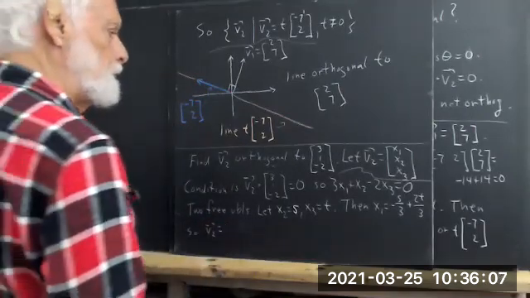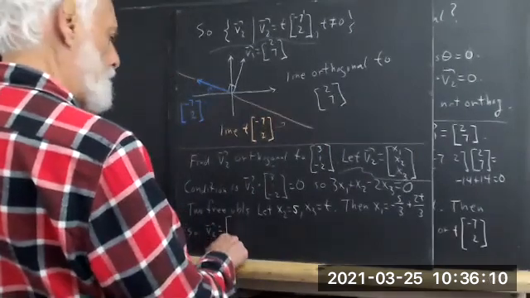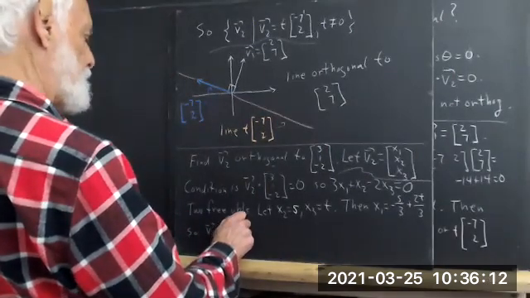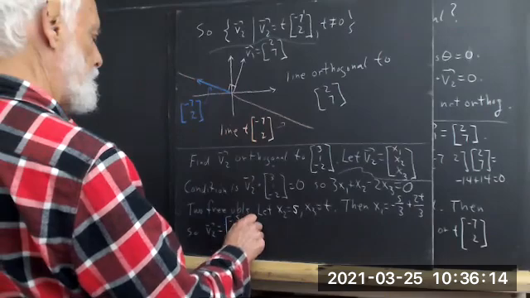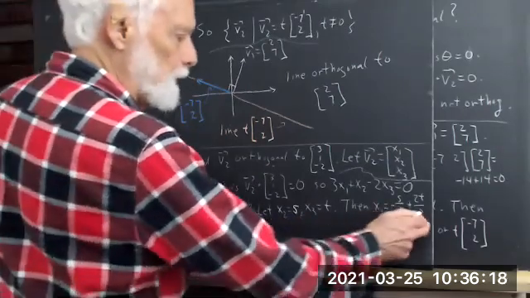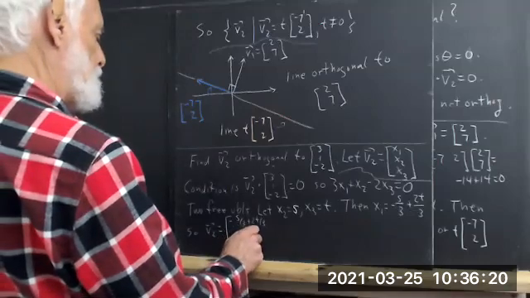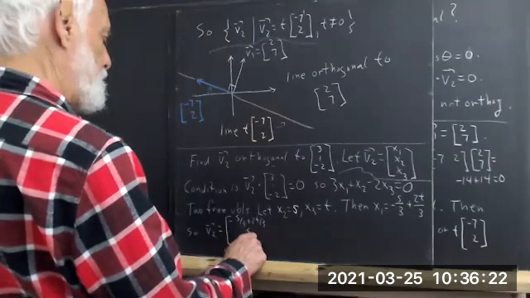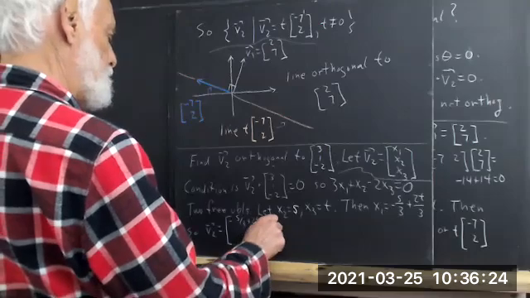So V2 equals negative s over 3 plus 2t over 3, s, t.